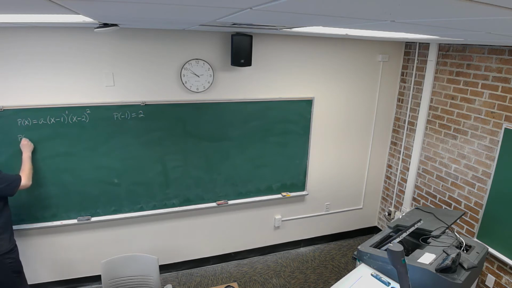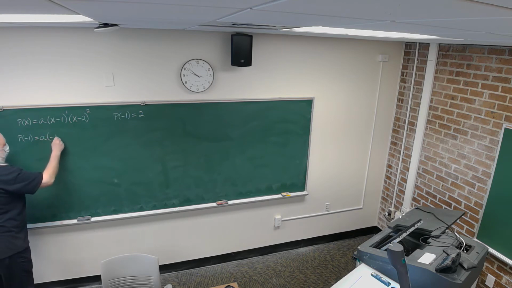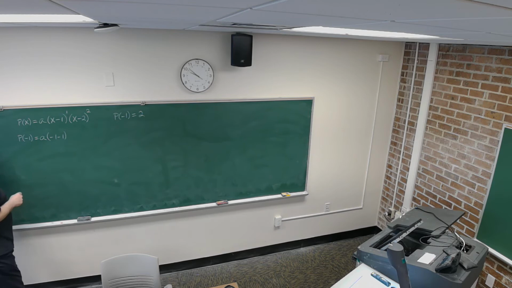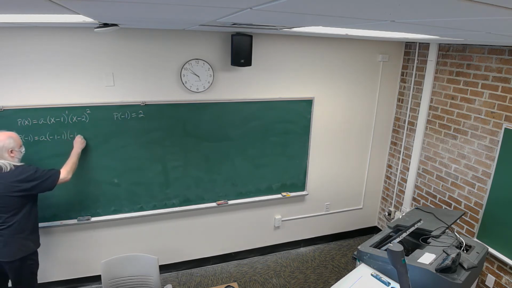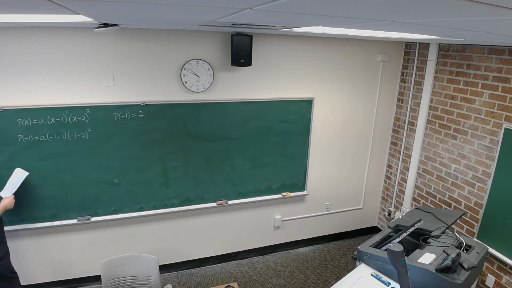And we have p of minus 1 is equal to a times minus 1 minus 1, leave the exponent, the invisible 1, times minus 1 minus 2 squared. Well, p of minus 1 is equal to 2. So I replaced p of minus 1 with 2, and now we just have to simplify the right-hand side, and then solve for a. Okay.